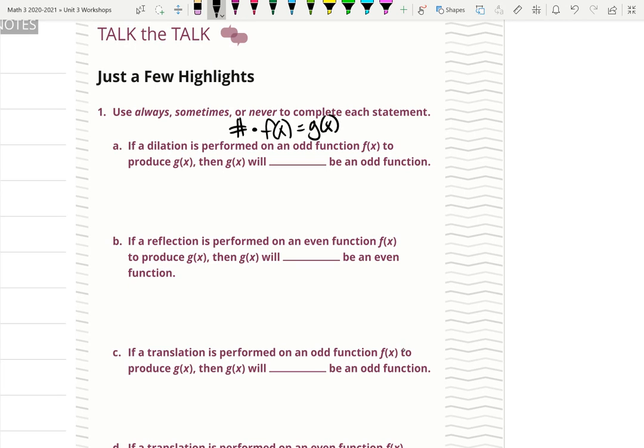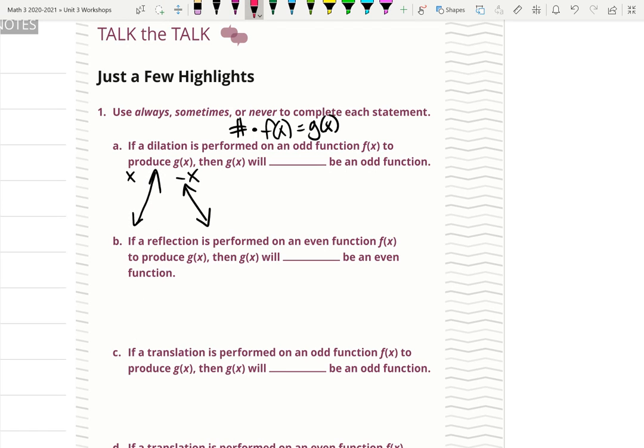If I look at an odd function, for example, x, or negative x, or x to the third, you get the idea. If I do a dilation, will it still be an odd function? If I stretch it vertically, is it still an odd function?